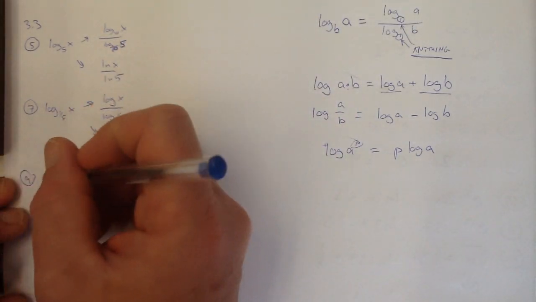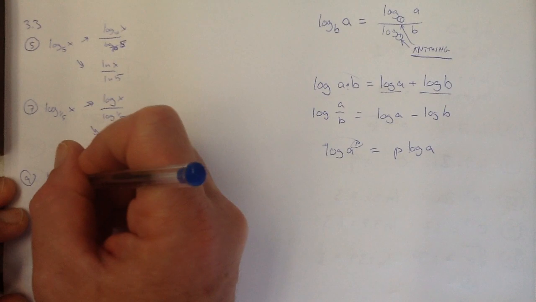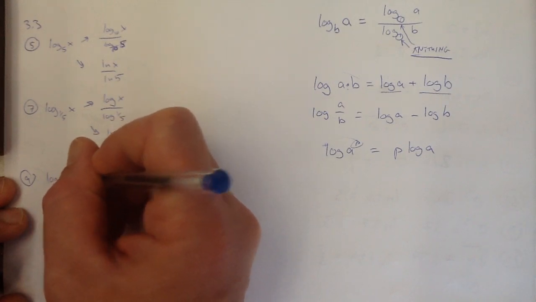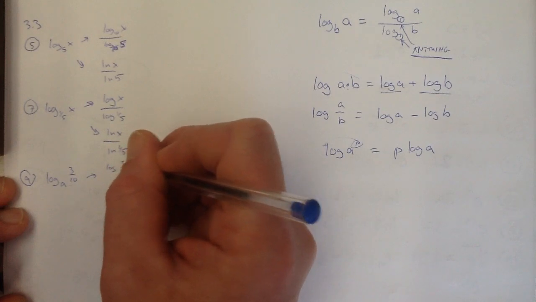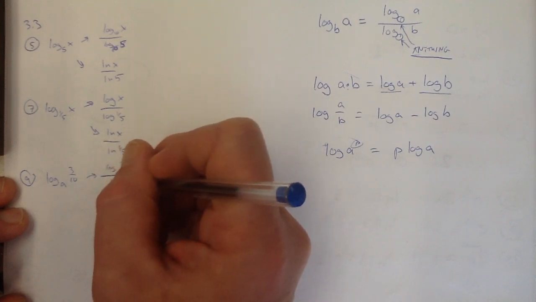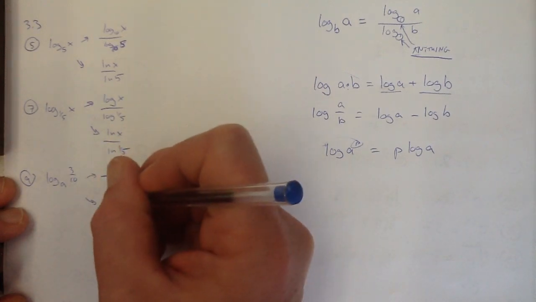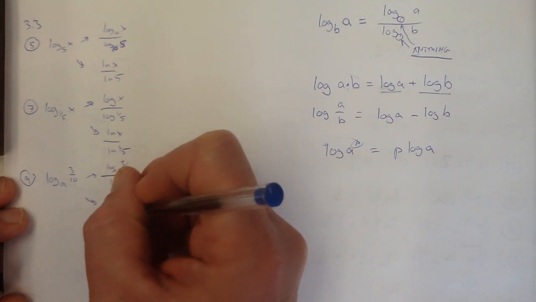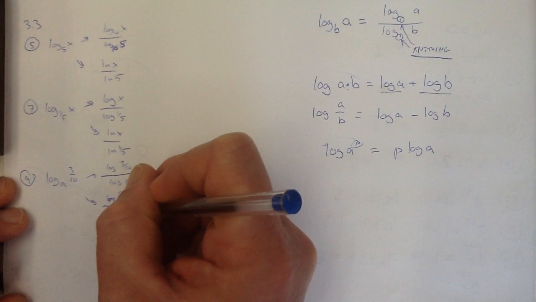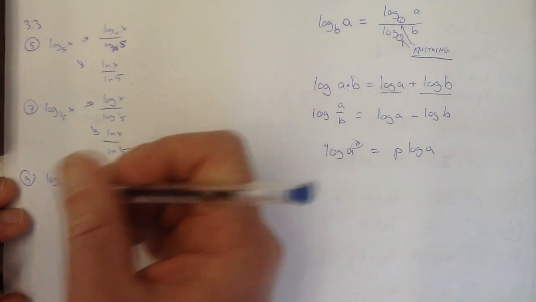Number 9, log base a of 3/10 turns into log of 3/10 over log of a, or natural log of 3/10 over natural log of a.